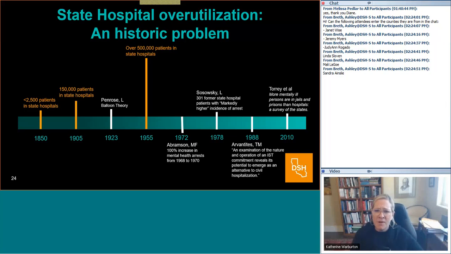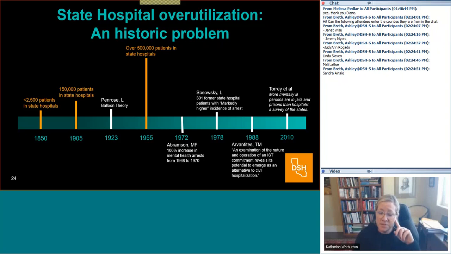After the awful abuses in the 1950s, state hospitals were referred to as snake pits. The very noble and well-intentioned effort of deinstitutionalization began with the rewriting of commitment laws, the advent of antipsychotic medications, and a will for lawmakers to do something about the overcrowding in state hospitals.